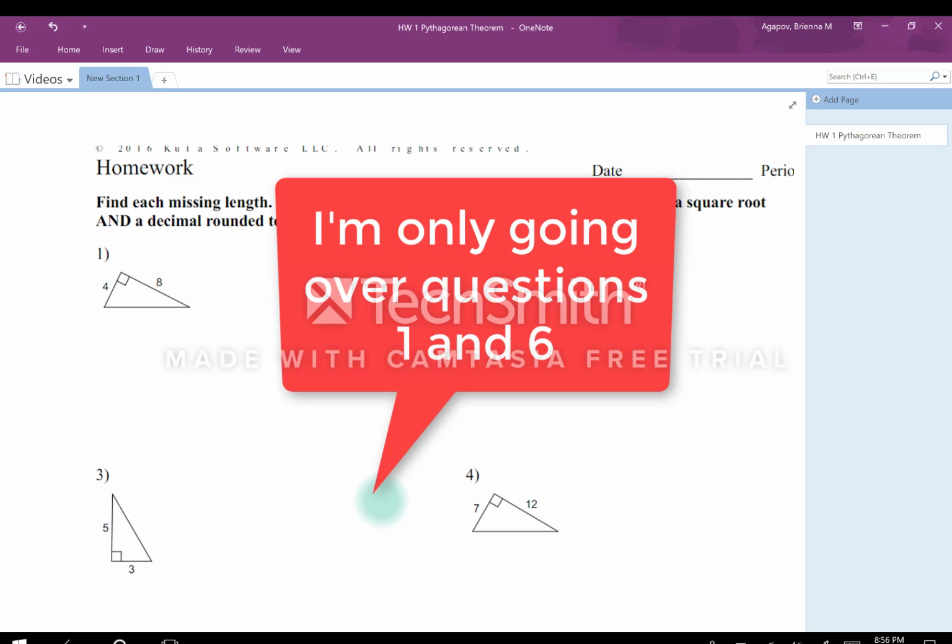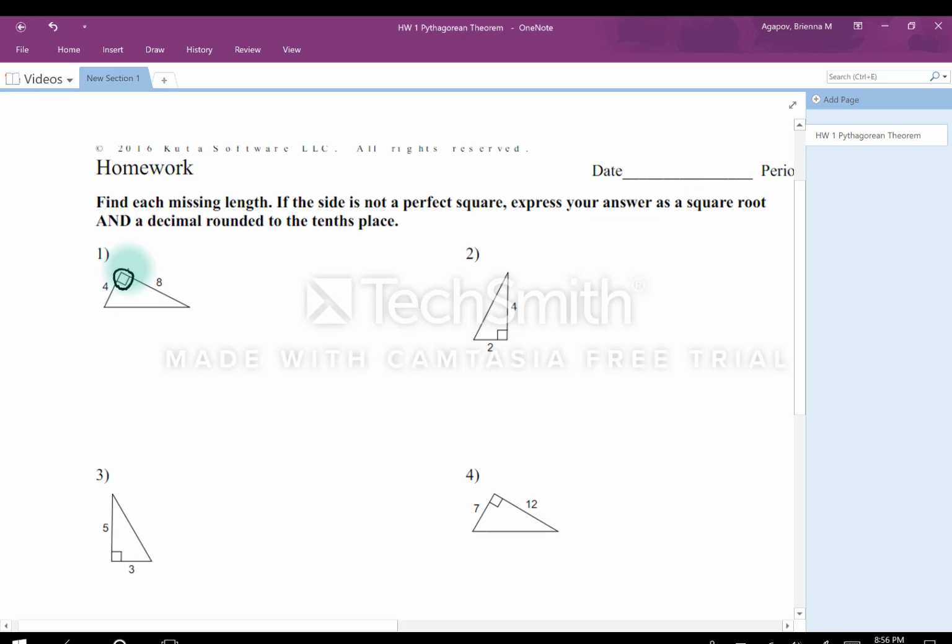Look at number 1. We can see that it's a right triangle because of the square in the corner right there. This tells us that it's a right triangle, which makes it easy for us. So the missing side length is just across from the right angle.